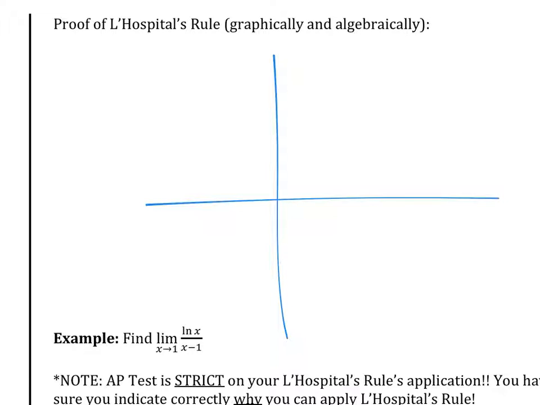So let's say that we have two functions. One we call f, and the other one we call g. And they cross at this point, and we're going to call it a.